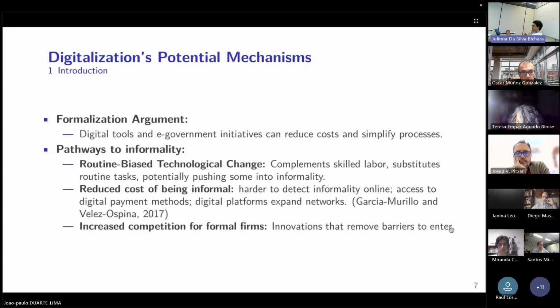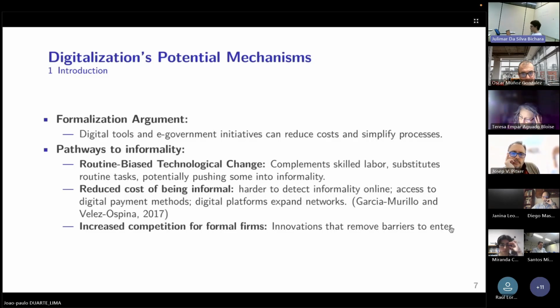There is a formalization argument that the digital tools, or the government, will facilitate or reduce costs to formalization, so they allow more people to formalize their jobs. And at the same time, in a different way, there is also a pathway to informality.